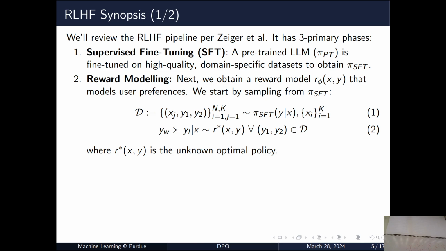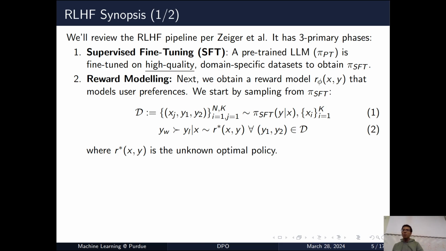This dataset is basically just a prompt and option 1 versus option 2, sampled from the supervised fine-tuned model, where we request two outputs and then a ranking for which one is preferred. And then we have an unsupervised set of inputs, denoted by x sub i.